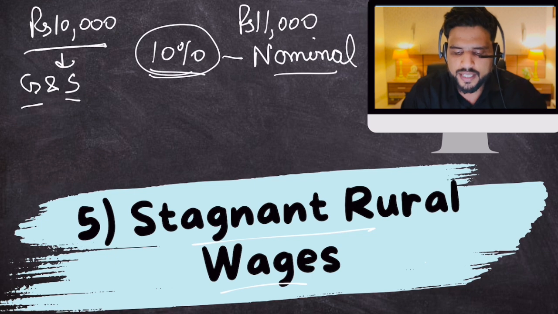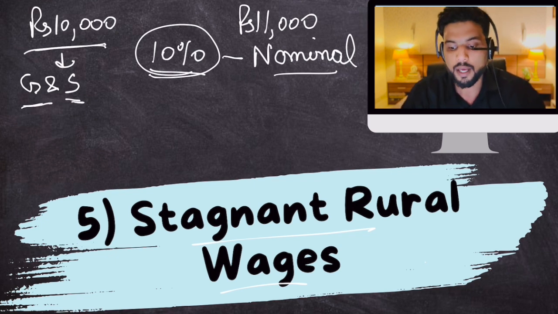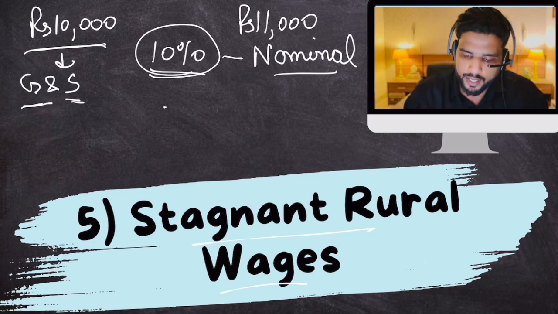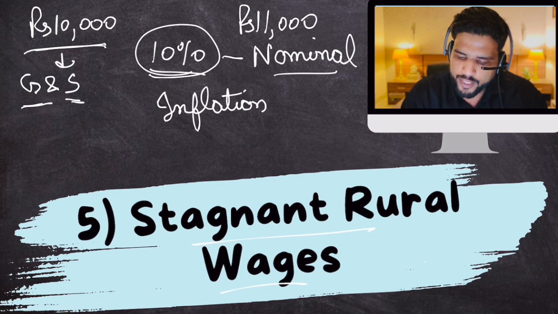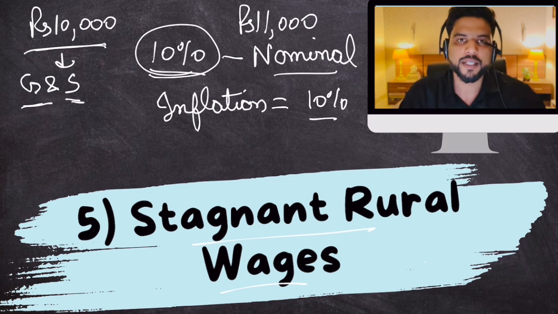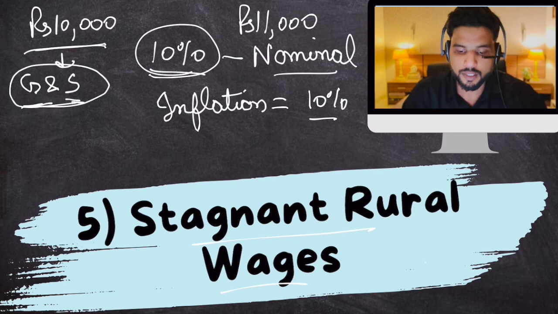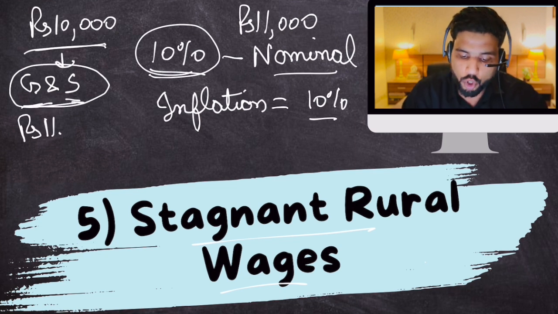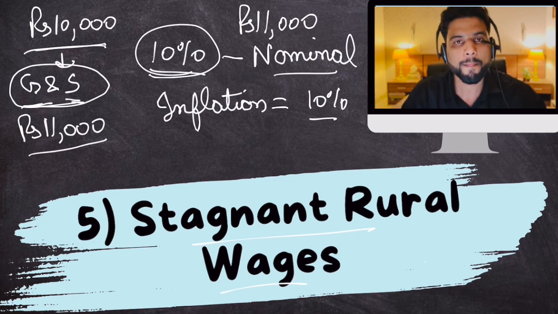With these 10,000 rupees, the person used to buy these goods and services. But after 1 year, he found out inflation was, let's suppose, 10%. So inflation rate was 10%. That means after 1 year, these goods and services would cost around 11,000 rupees.